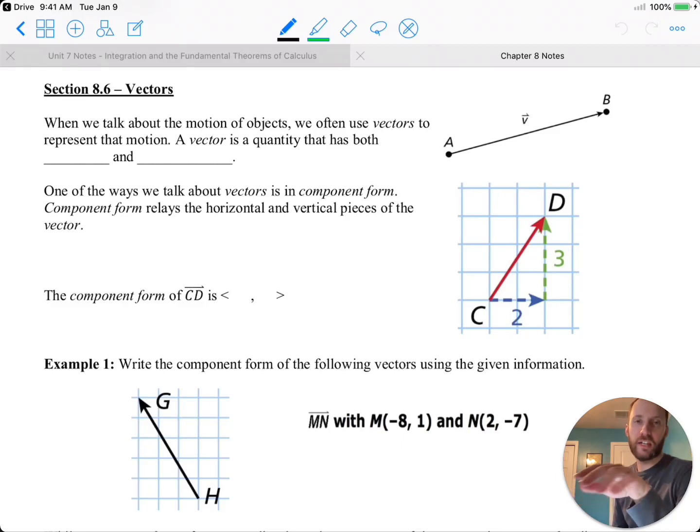Hey, 8.6 is on vectors. If you've taken a physics class before, this will all sound pretty familiar to you. Vectors are how we talk about the movement of objects, their motion.